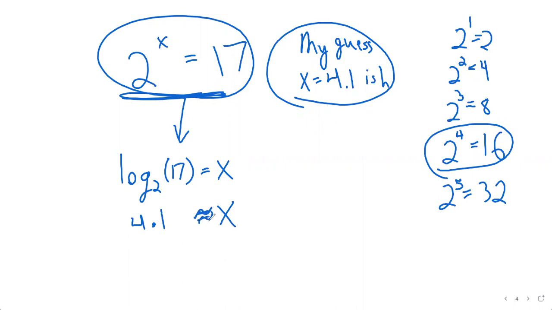I think it rounds to 4.1, but it's like 4.0 something, 0.08 or 0.09 or 0.07 or something. It's certainly not exactly 4.1. It's 4.1-ish, you know?